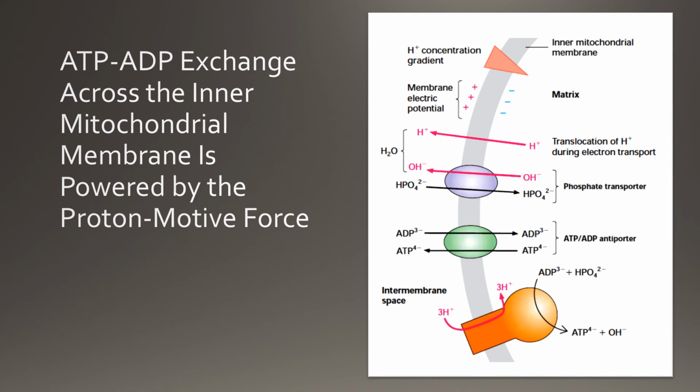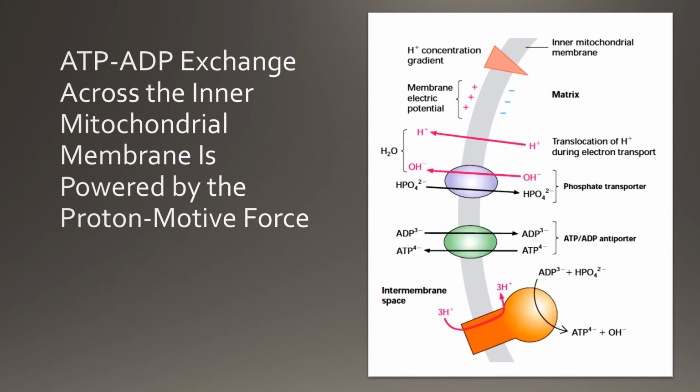It is estimated that for every 4 protons translocated out, 3 are used to synthesize one ATP molecule and 1 is used to power the export of ATP from the mitochondria in exchange for ADP and Pi.